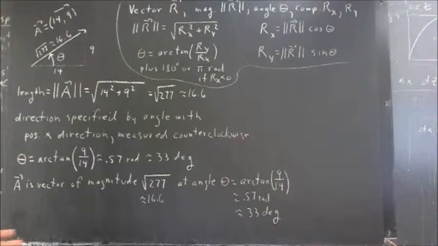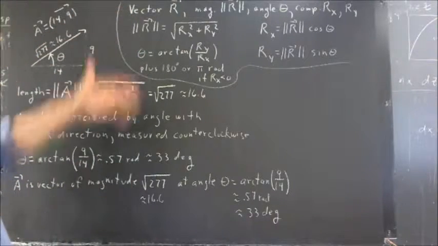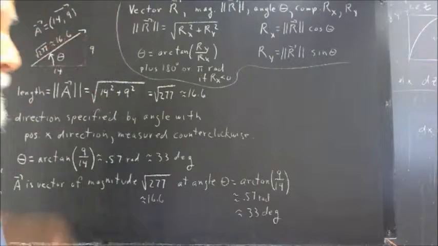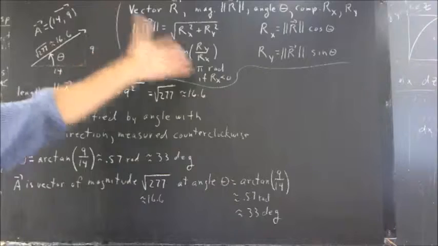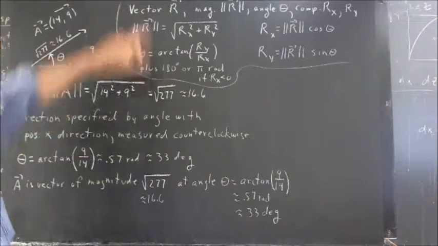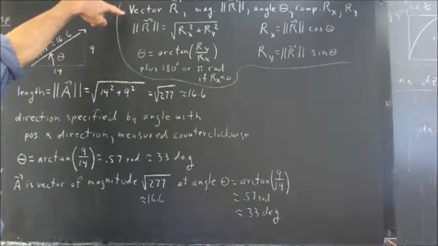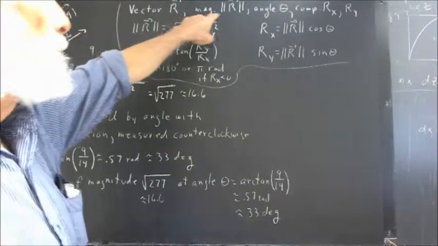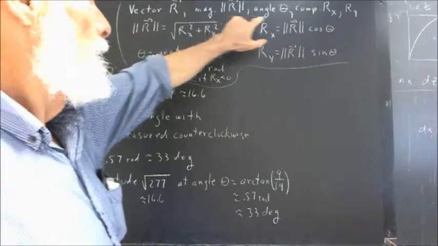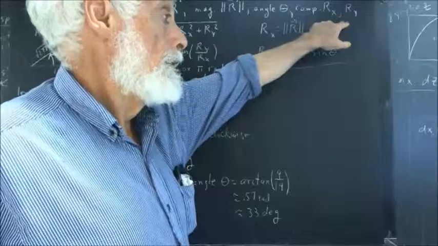Now, in general, the following rules follow in a very straightforward manner, and I'm assuming some background in trigonometry, so really anybody entering this course should already know all this. Okay, a vector R has magnitude R, angle theta. It also has components Rx and Ry.